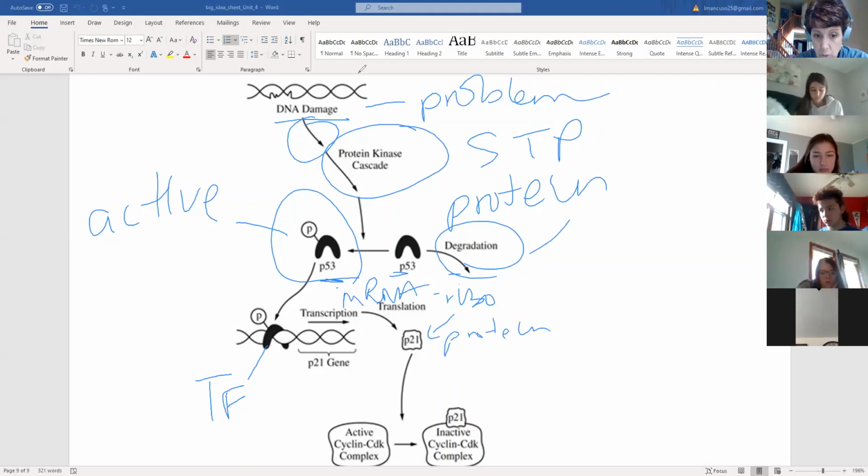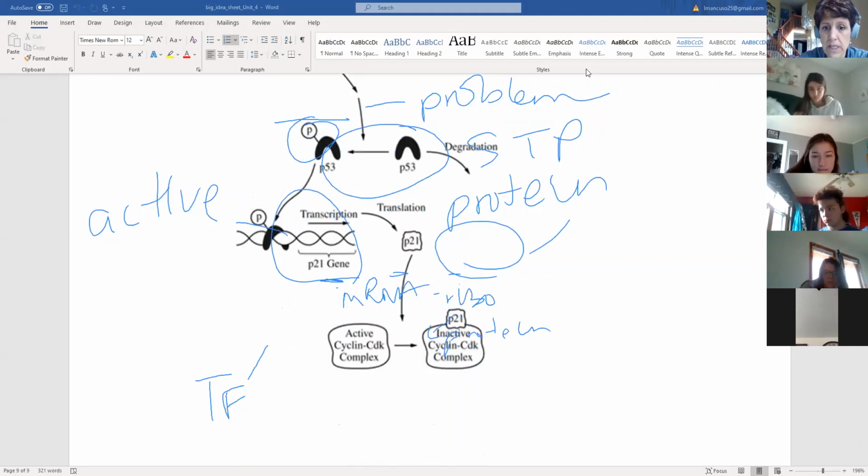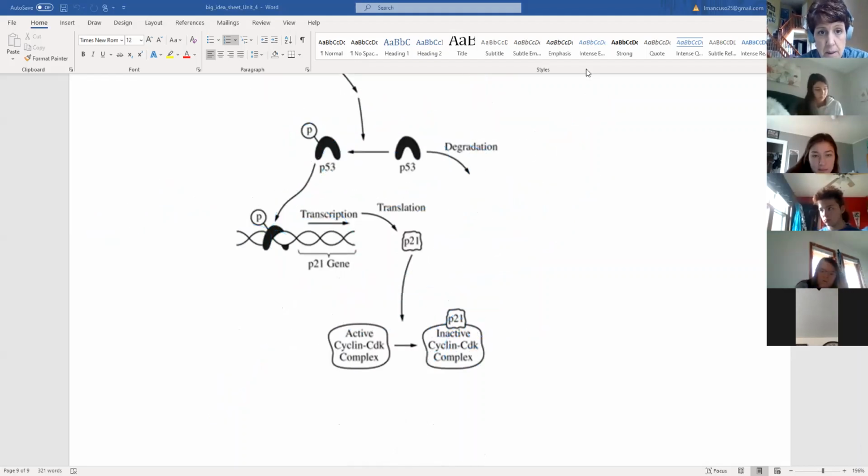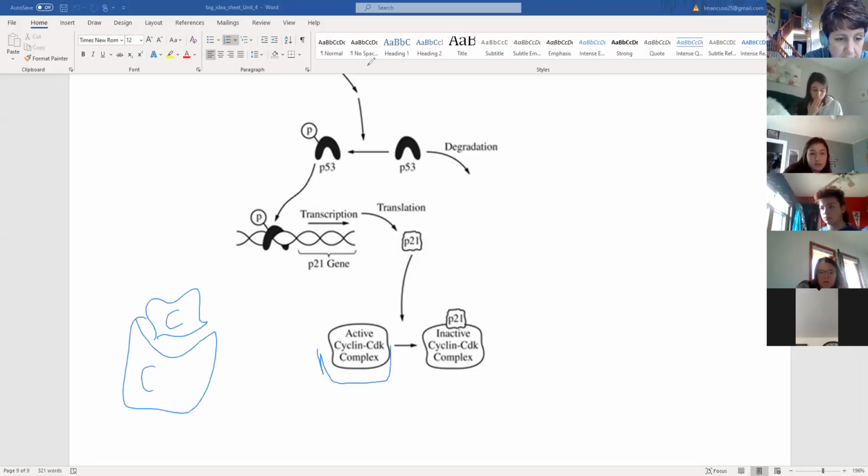This protein, P21, this P21 protein binds to active CDK complex. So remember how I did a cyclin like this and then the CDK complex? It binds to it and makes it inactive. If it's inactive, that means no mitosis.